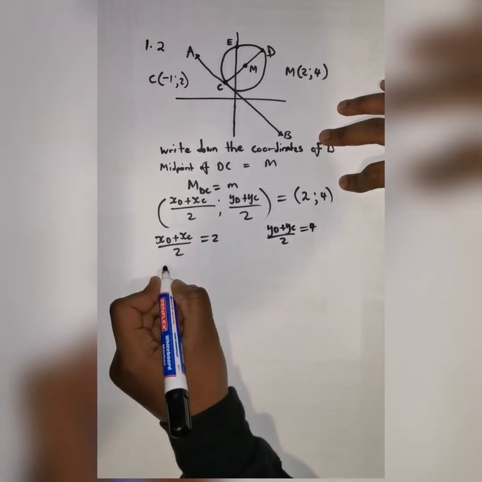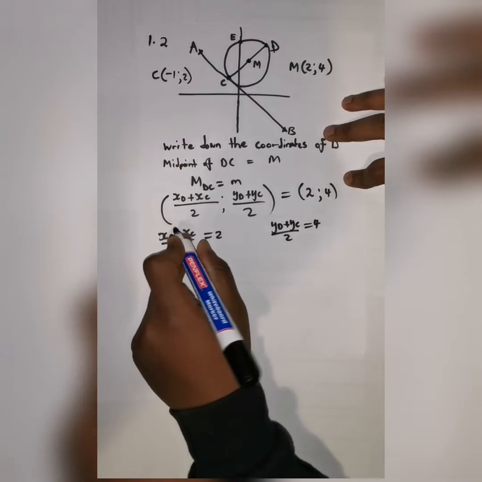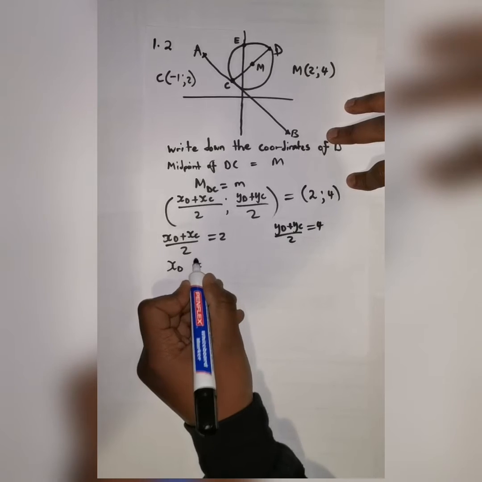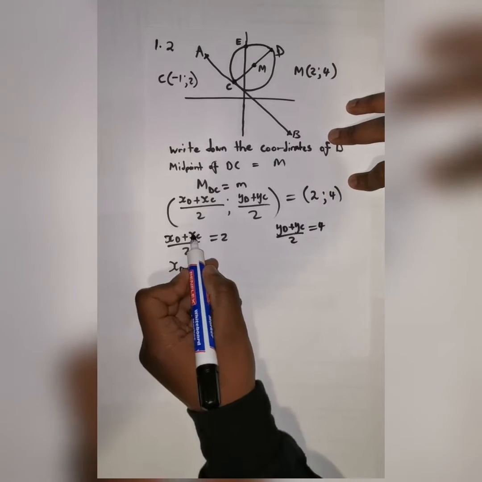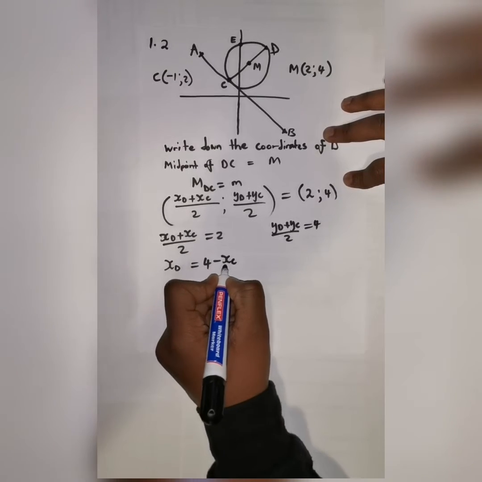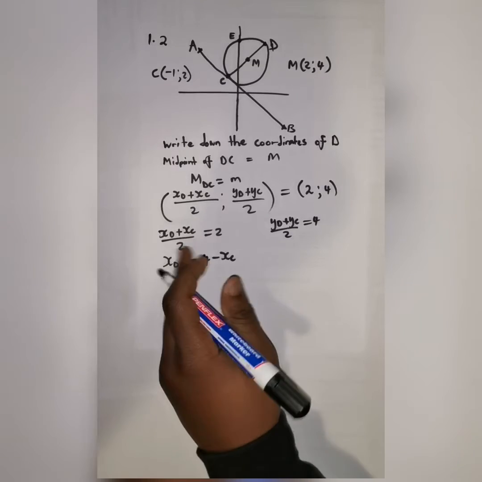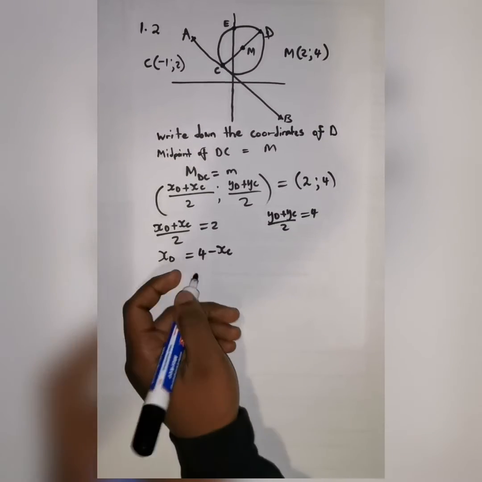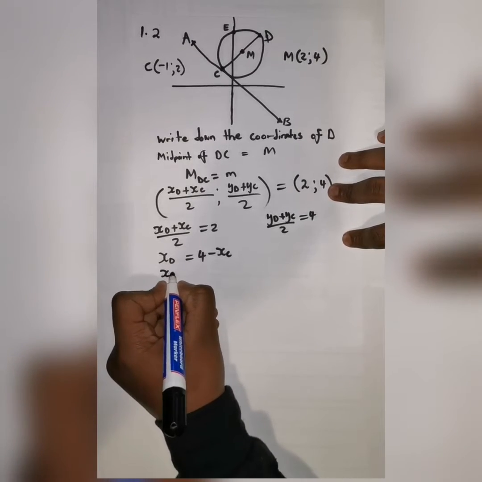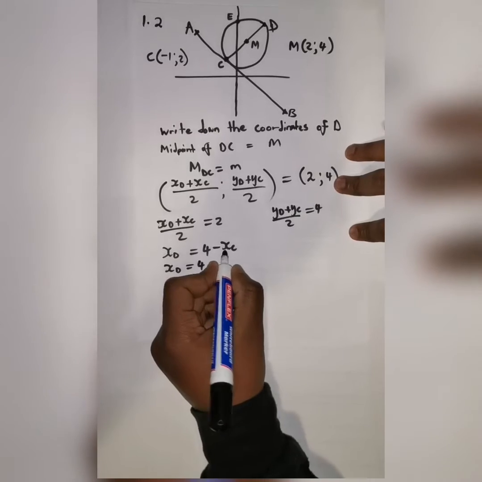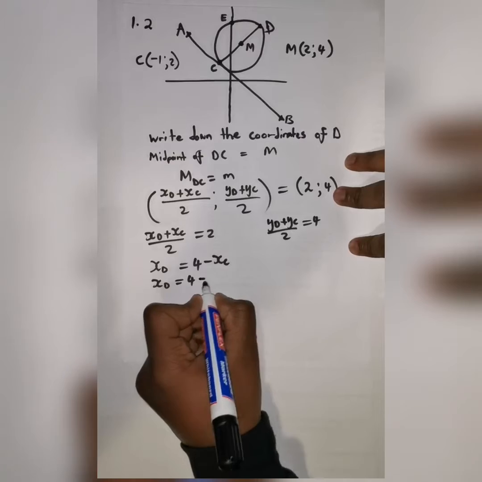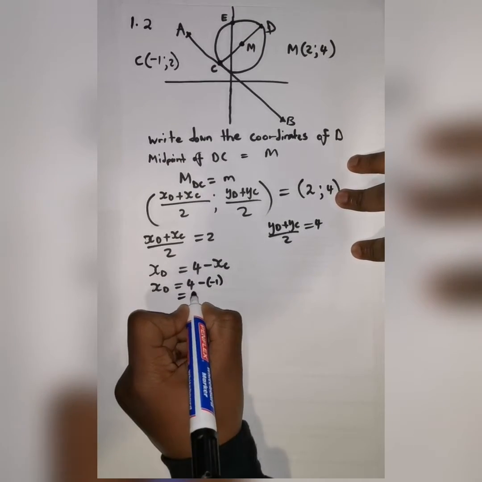So we're looking for x of D. I'm rearranging this fraction. 2 times 2 is 4, and then minus x of C. I'm sure you know how to work with fractions, so I don't have to explain much here. x of C is minus 1, so minus minus 1, this gives us 5.